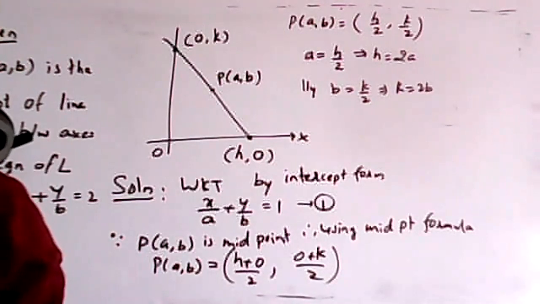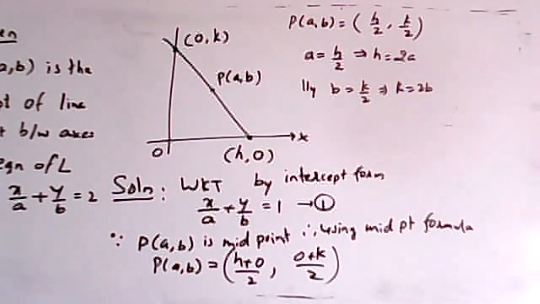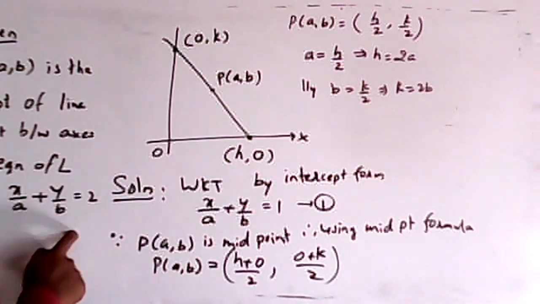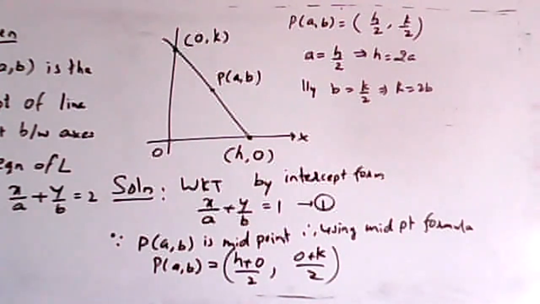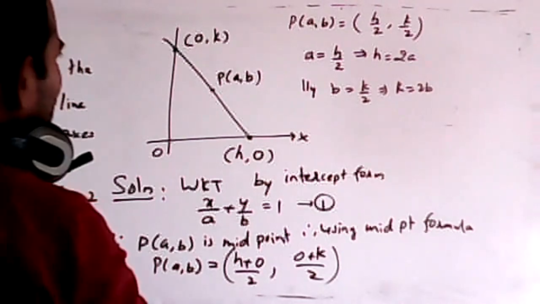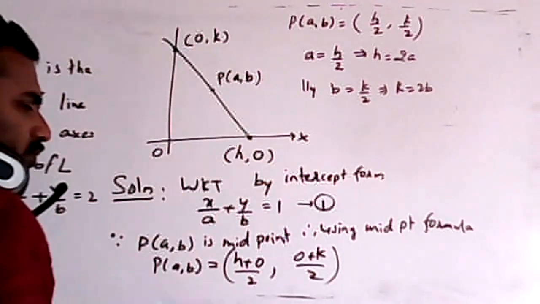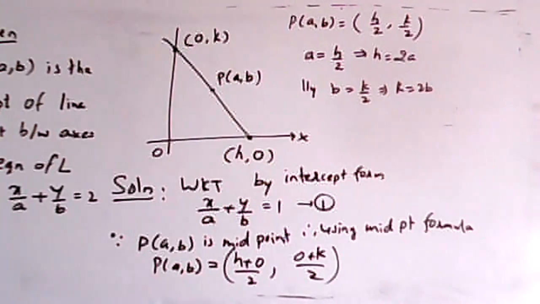Then they're asking for the equation of this line. Let us find the two points that are on this line, right? Now we can use the two-point form.